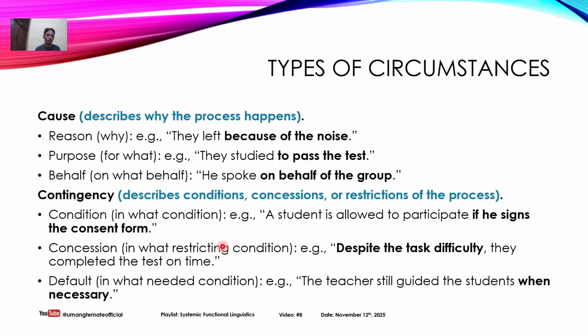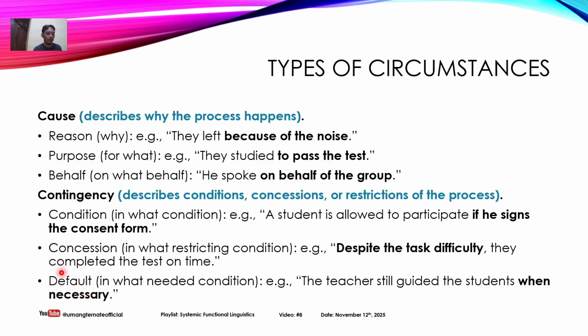But here we focus on the group level. So despite the task difficulty is a group level, not a clause level, and functions as the circumstance of contingency, especially the concessions. And then default.